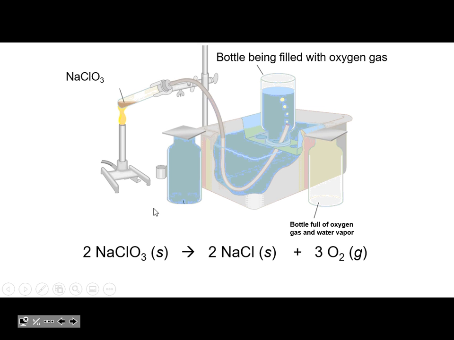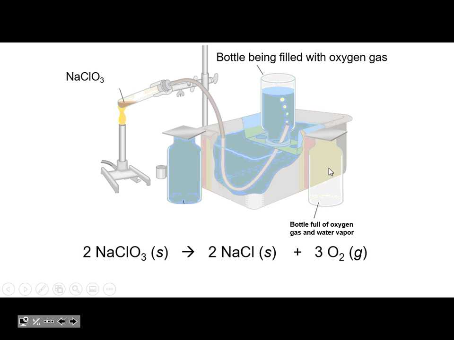Now, could we have done a similar setup to this? Well, here's the sodium chlorate. We're heating it. As the oxygen gas is released, it's running through this one-hole stopper, down the tube, and it's being collected in this bottle right here. So this bottle is about maybe a quarter of the way filled. Right here is a full bottle, all right? That full bottle has both oxygen and water vapor in it.